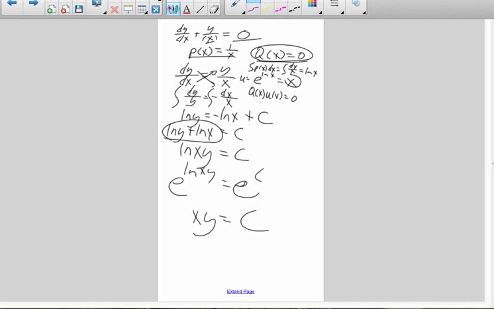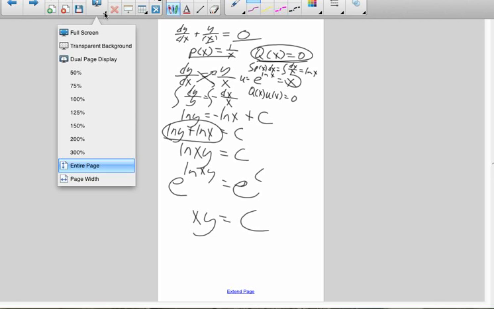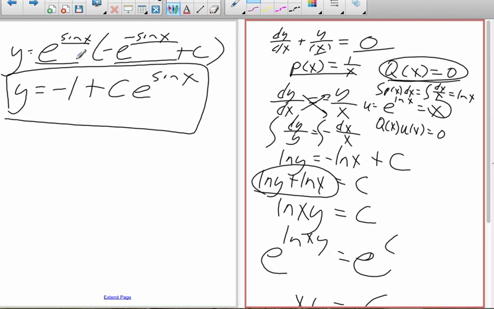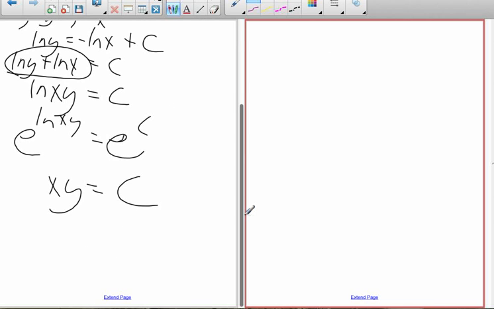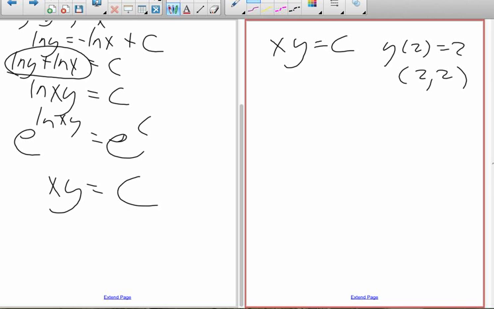Now, this is one where we had to come back in, and so our solution ended up with xy equals c. And we need to find the solution at y of 2 equals 2, or they may give you 2, I don't remember.